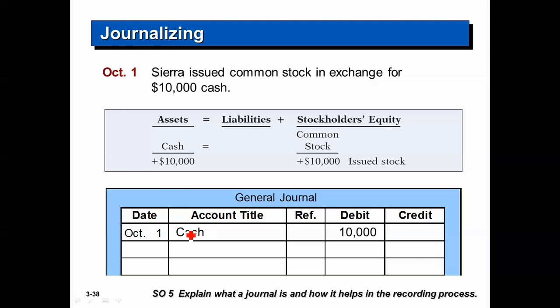Debit, cash, right here. And then we're going to credit, and we indent. Indent means we move it this way a little bit, and we record credit, because you see the credit is a little to the right of the debit, therefore the account that is going to be credited is to the right of the account that's going to be debited.